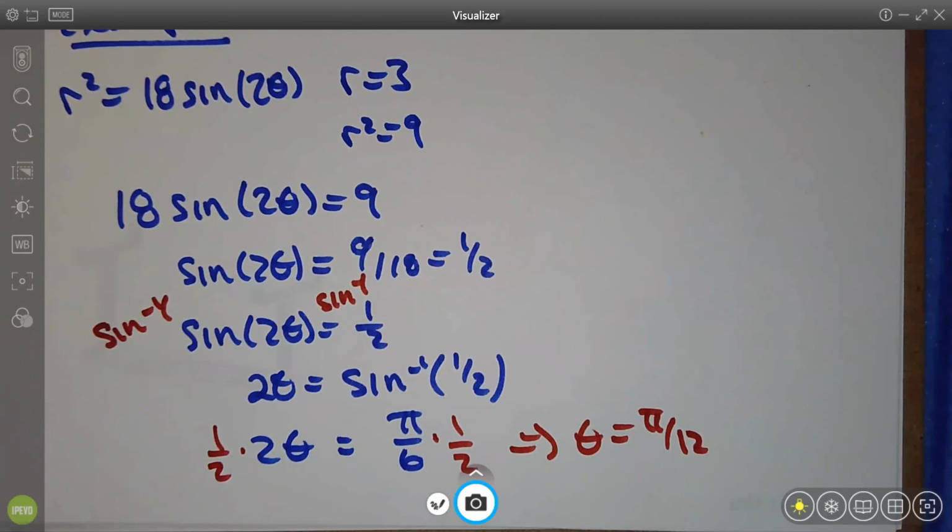So the first integral is going to be the integral of our function 18 sine of 2 theta between 0 and pi over 12. That'll give us that little piece. And then the second integral is going to be the integral of 3 between pi over 12 and pi over 4. And then you've got to take your results and multiply them by 4.